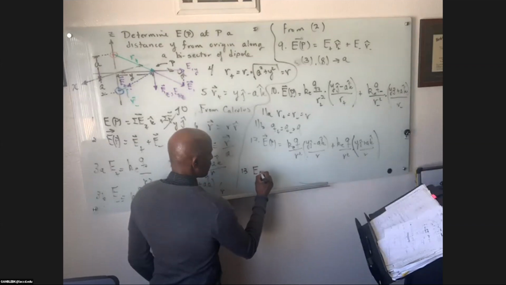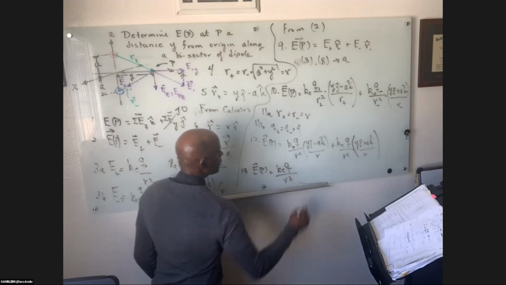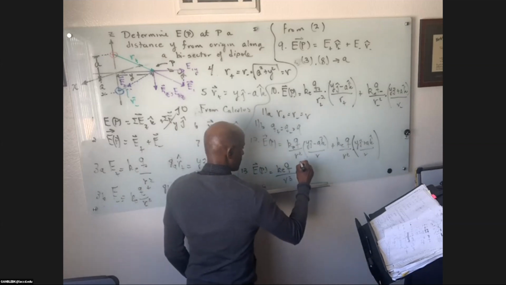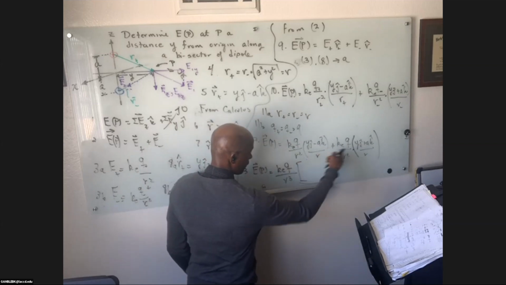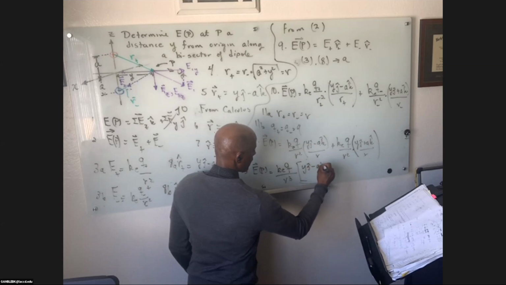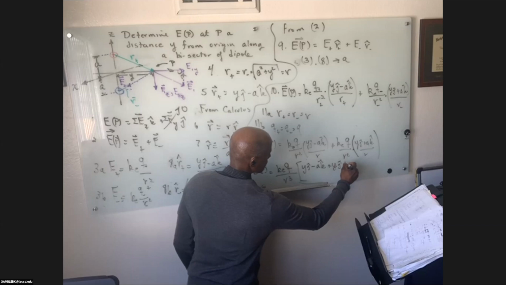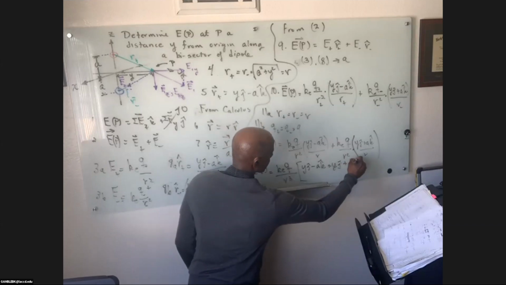So the field at point P equals K sub B Q over R cubed. And in brackets, I'll have four terms: y j hat minus a k hat plus y j hat plus a k hat.